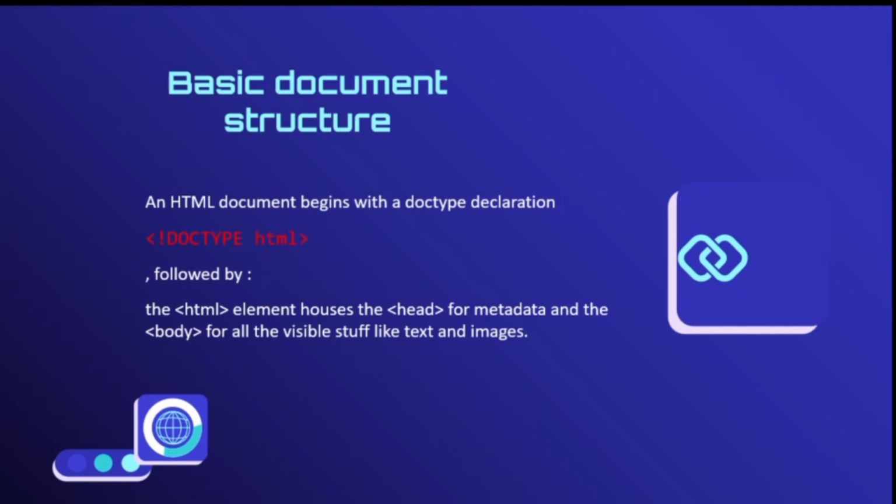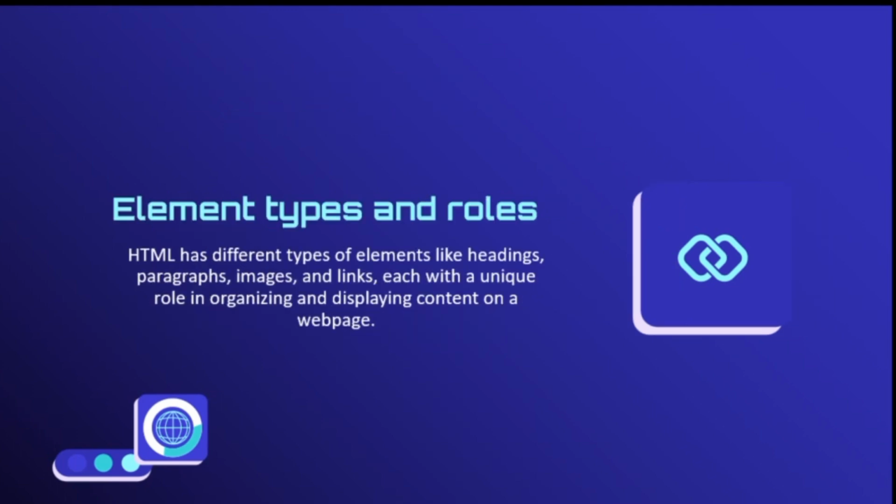And mind you, all these tags wouldn't be displayed on your browser, but on the back end, these are what make it possible for you to see the content on your web browser, displayed on your computer.